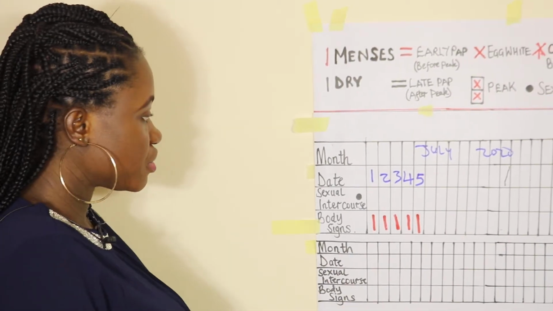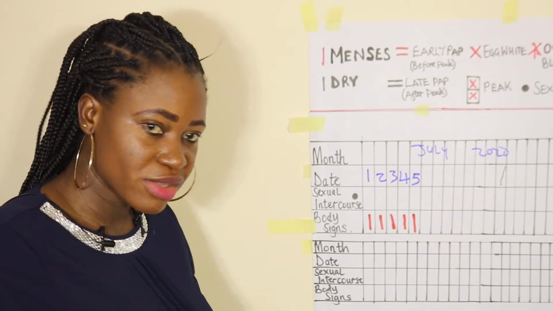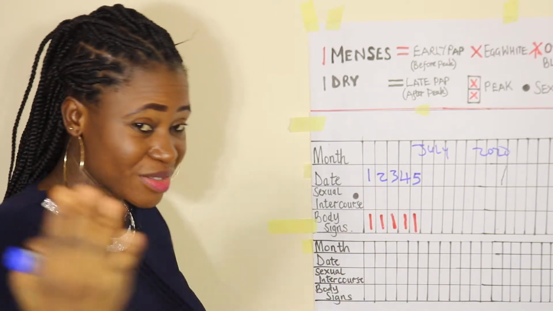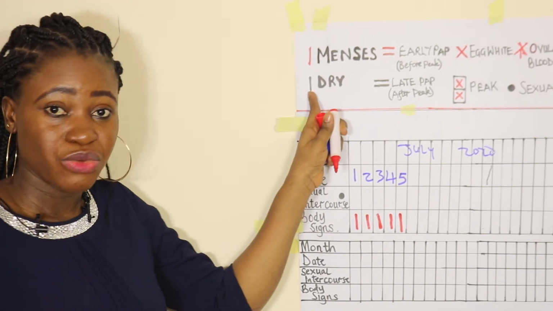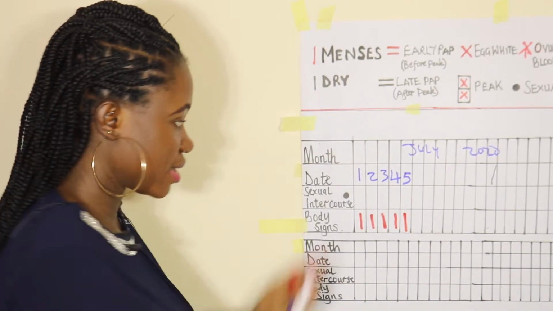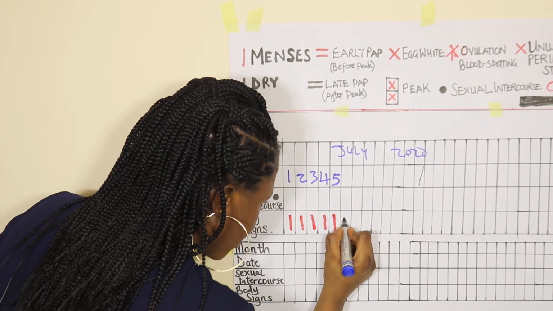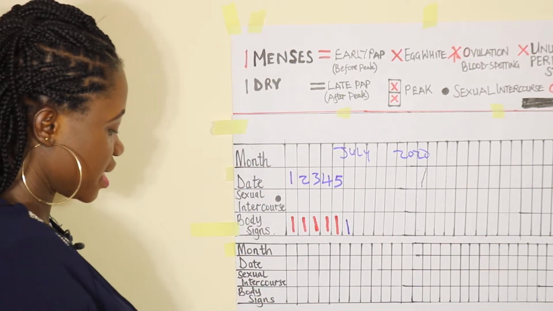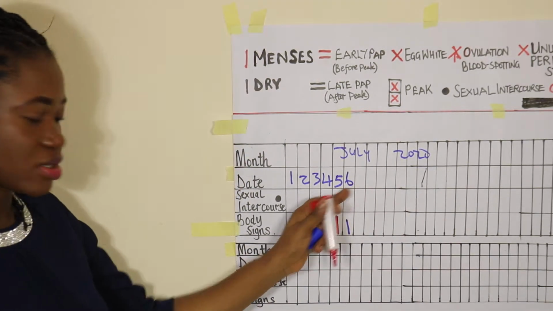So what you are going to do is, when you come to sleep in the night, by 10 p.m. that you are going to bed, because this lady that is charting here sleeps by 10 p.m. So by 10, she's going to mark this dry sign, which is a 1 stroke down, either in blue or in black. But this lady has a blue pen, so she's going to mark blue here on her cycle day 6, which is 6th of July.